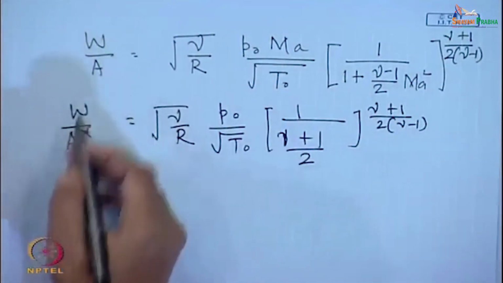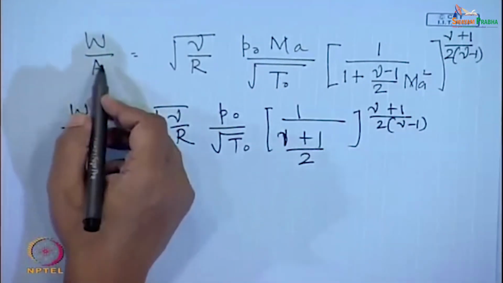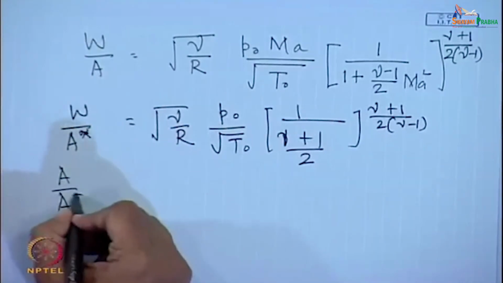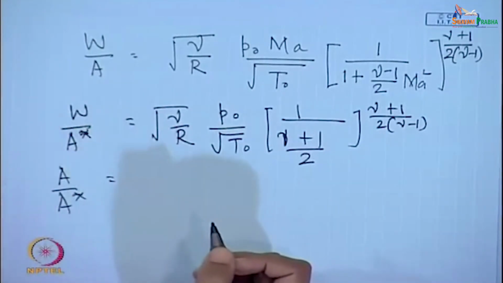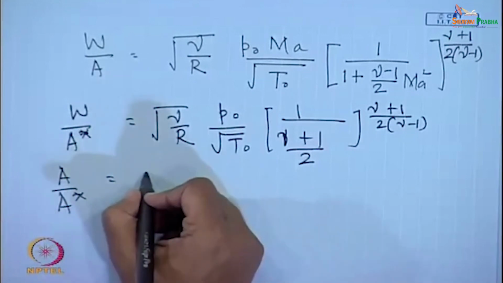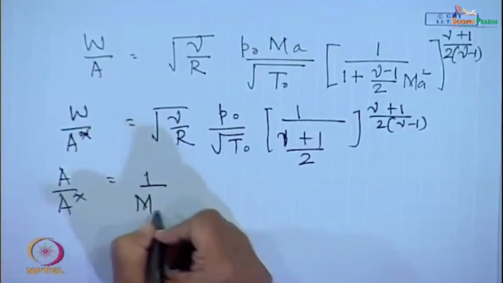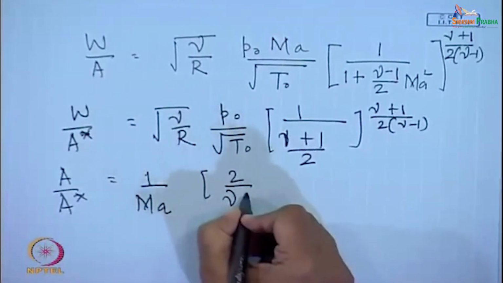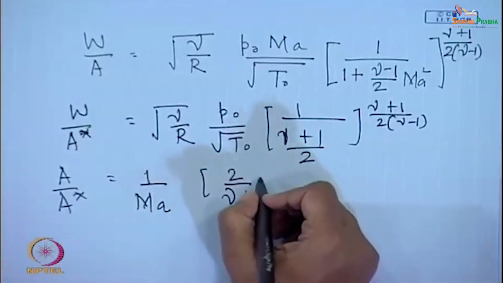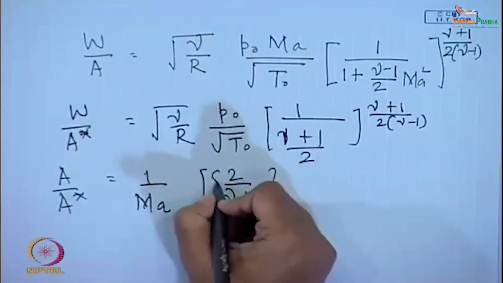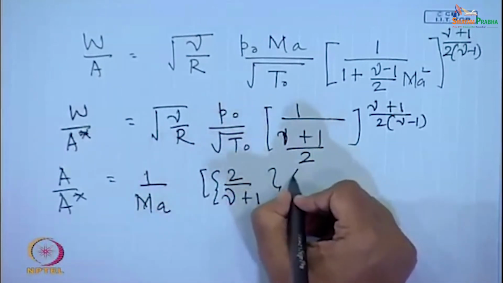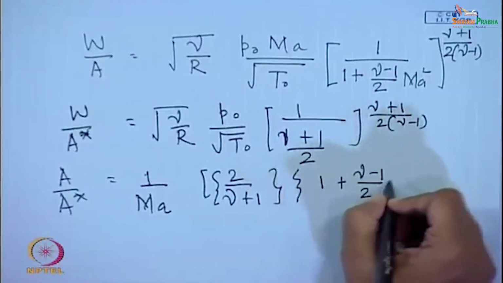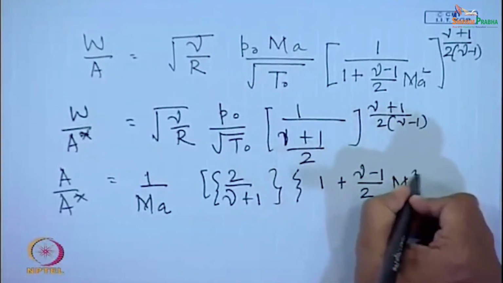So, if we divide this by this, what do we get? We get A by A star, is not it? What is A by A star then? We can write it down as 1 by M_A into 2 by gamma plus 1 into 1 plus gamma minus 1 by 2 M_A square.